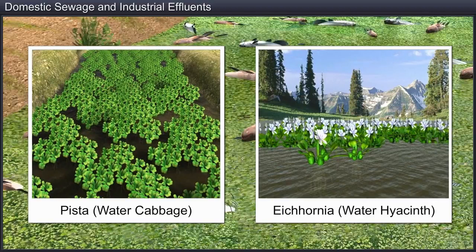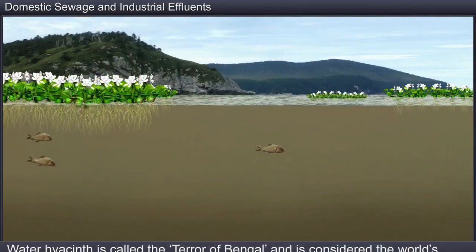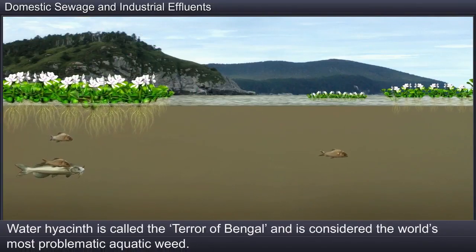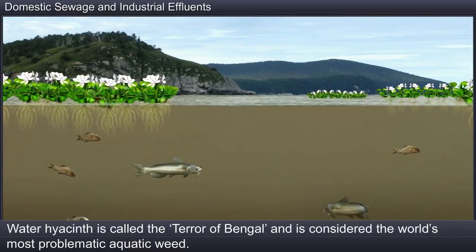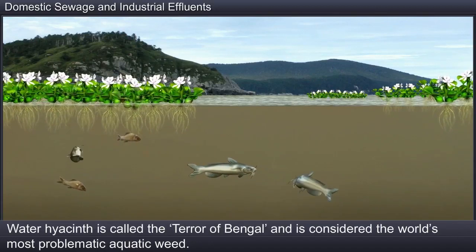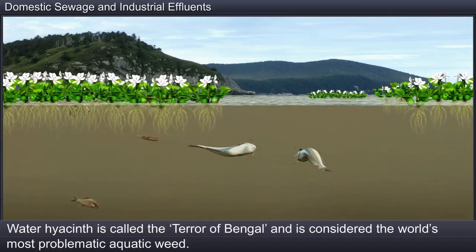However, they have now become troublesome aquatic weeds that are spreading rapidly and causing an imbalance in the ecosystem dynamics of water bodies. In fact, water hyacinth is called the terror of Bengal and is considered the world's most problematic aquatic weed.